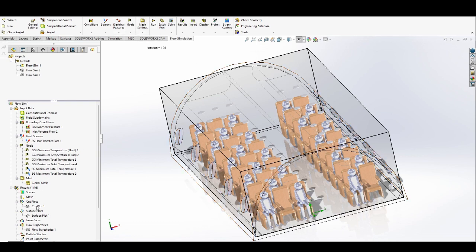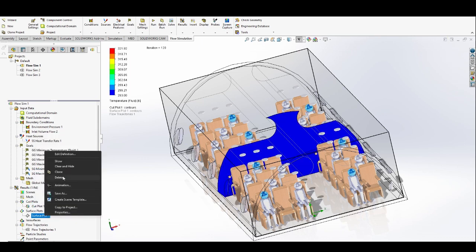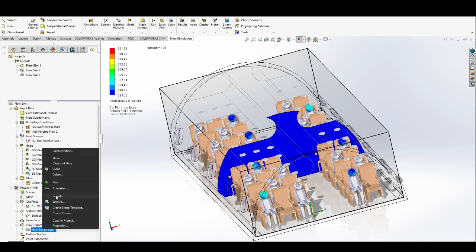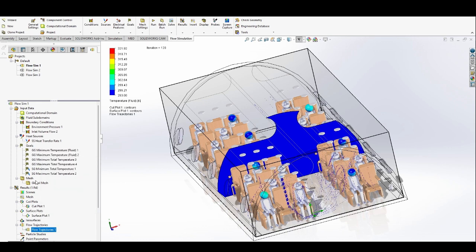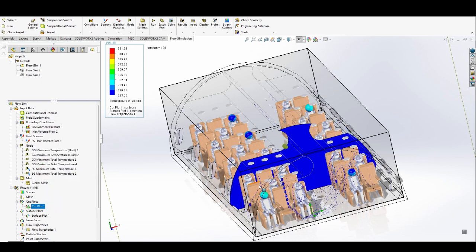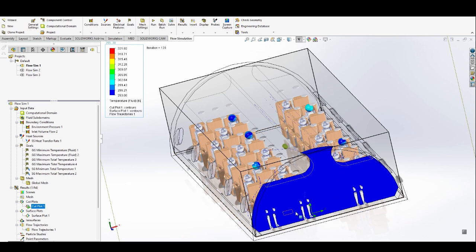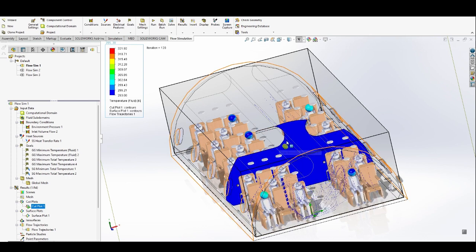After we ran it, we were able to make some plots, a cut plot, surface plot, and some flow trajectories. As you can see here, there's no variation whatsoever anywhere in the cabin. So we figured this is pretty unrealistic.